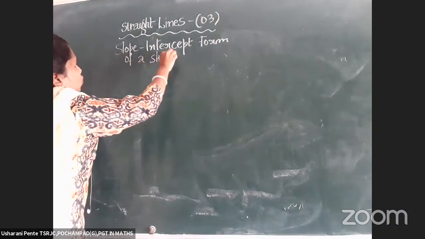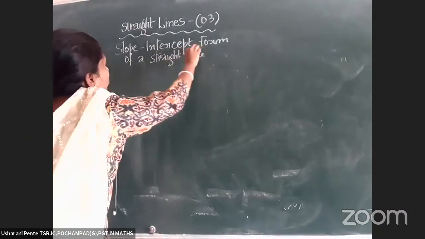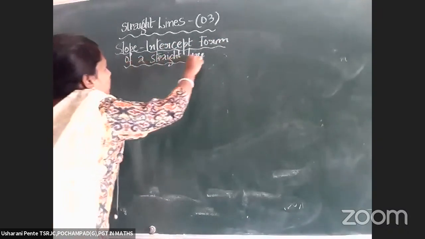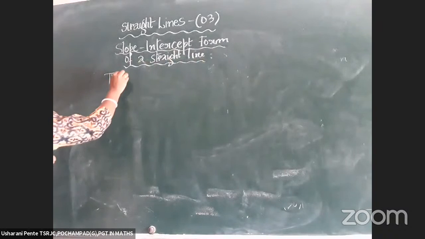What is this? Slope intercept form of a straight line. What is the statement we have?